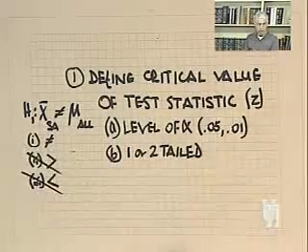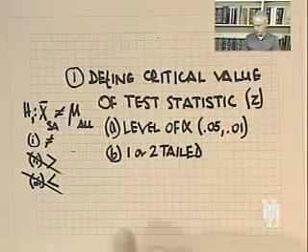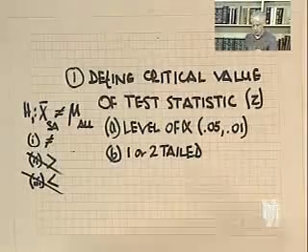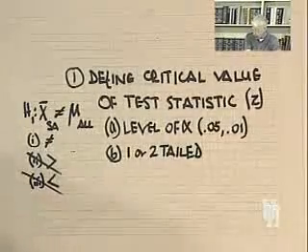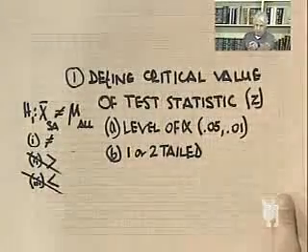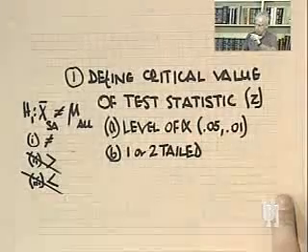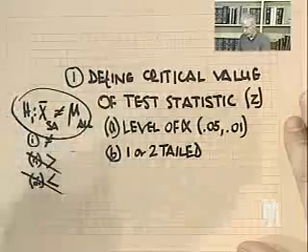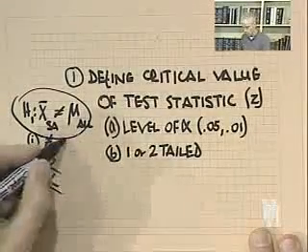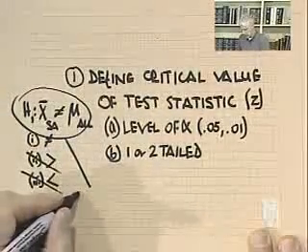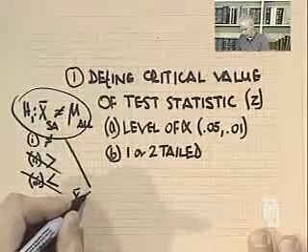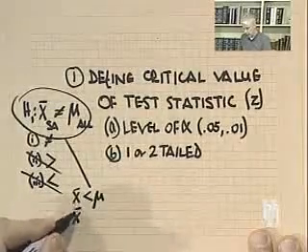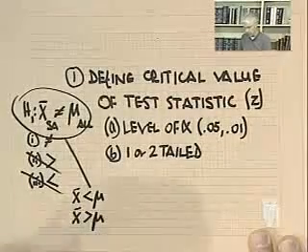This is all part of the process to decide whether the test is one or two-tailed. Would you agree that this condition can be satisfied by either of two outcomes? It can be satisfied if X bar is less than mu, and it can be satisfied if X bar is greater than mu.